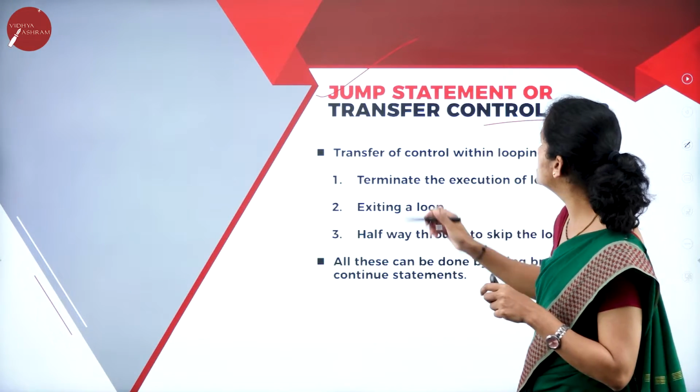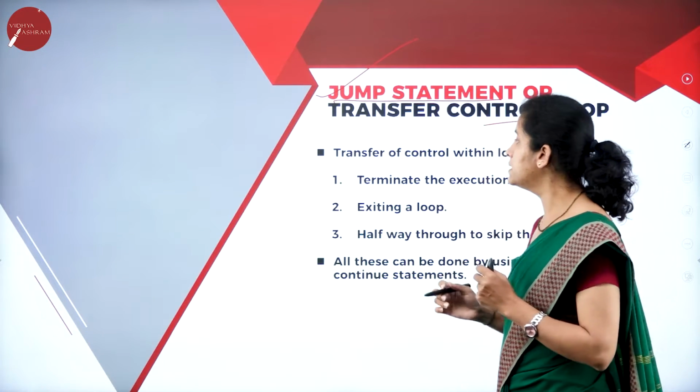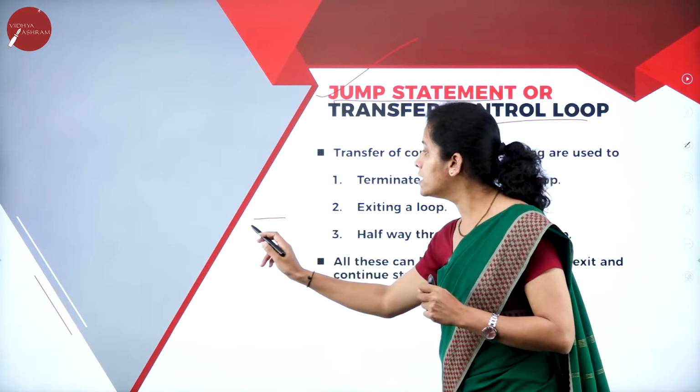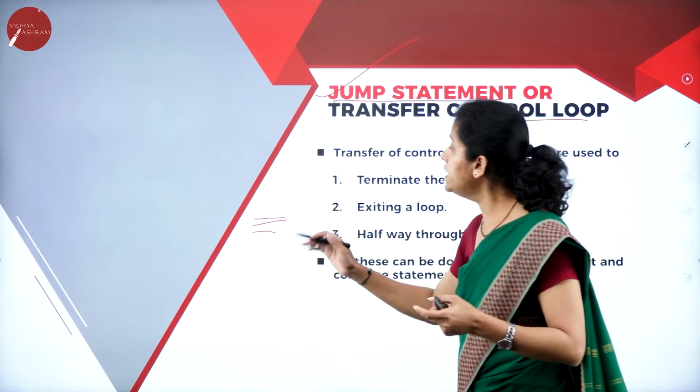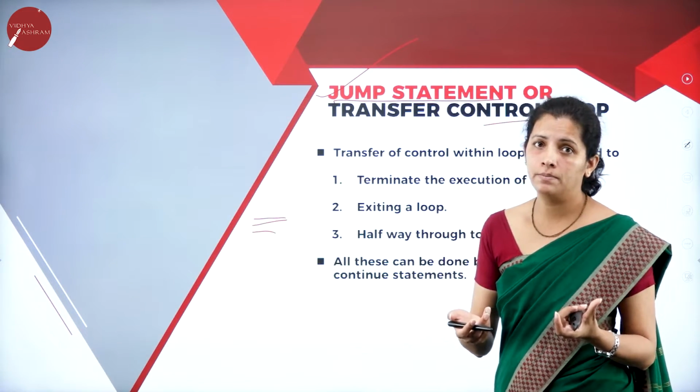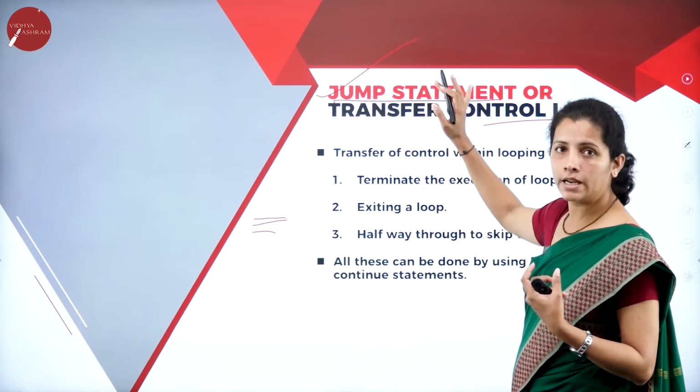For that reason, we are going to have the jump statement. For example, think that I'm going to execute some statement, and in the middle, immediately I need to jump. For that reason, I'm going to use the jump statement.